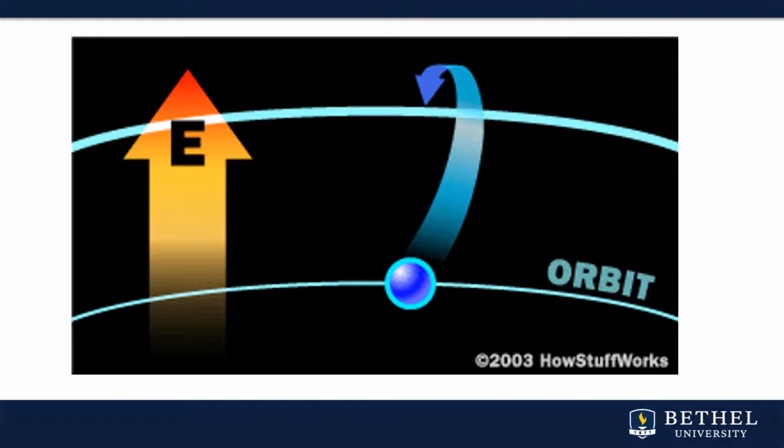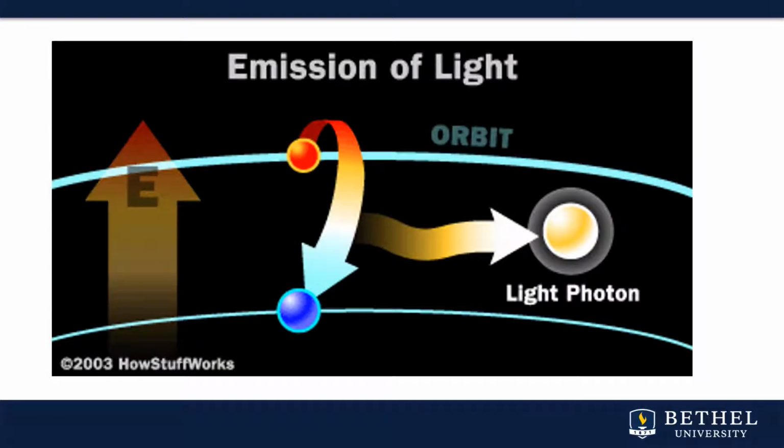So if we apply a little bit of heat to an atom, this electron will hop up into an orbit further away from the nucleus. Now, as the electron relaxes and moves back to its original orbit, there's a release of energy, and that is in the form of light, and we call that a photon.